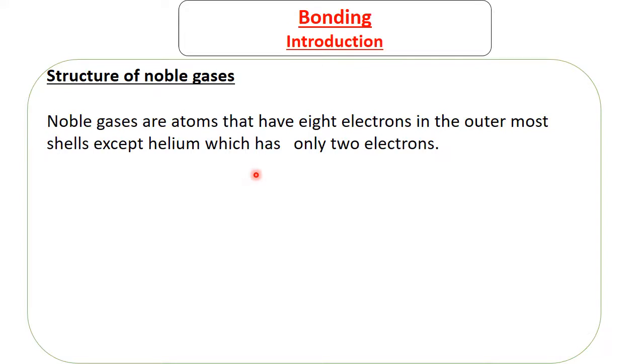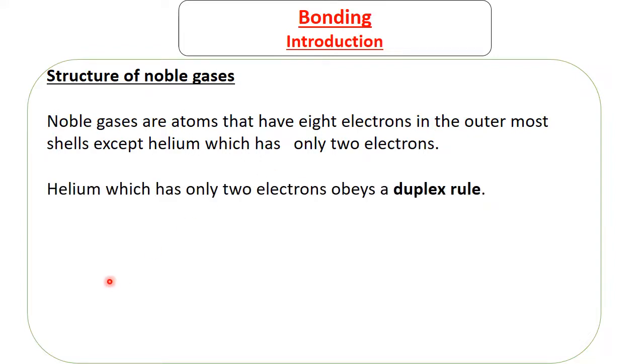So noble gases are said to be stable because of this. Because some noble gases have 2 electrons and they're stable, while others have 8 electrons and they're stable, we say that helium, or any atom that becomes stable by having 2 electrons in its outermost shell, usually the first shell, obeys what is called the duplex rule.